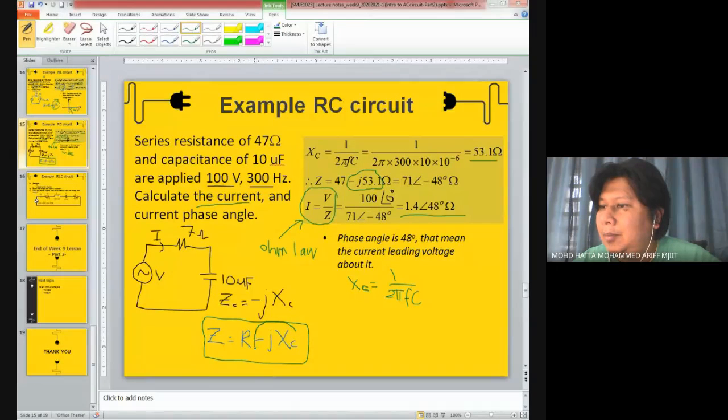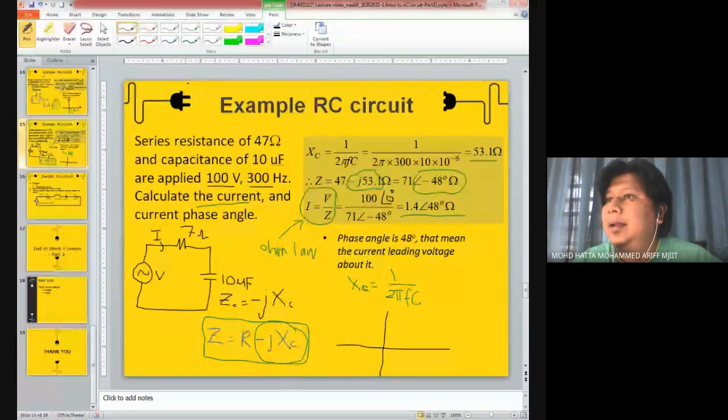So here we have minus JXC, and a quick check for you is that the angle of your impedance always carries a minus value. If you got a positive value, it means that you did something wrong along the way in the calculation. All right, we finished with the current. I've already mentioned the effect of this impedance, and we try to get the current phase angle.